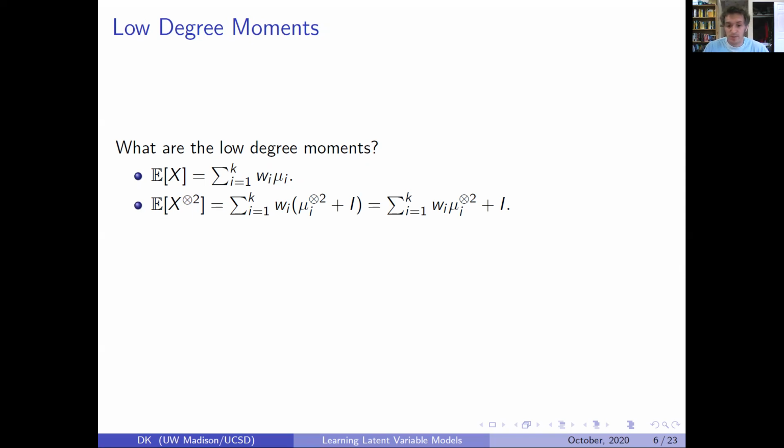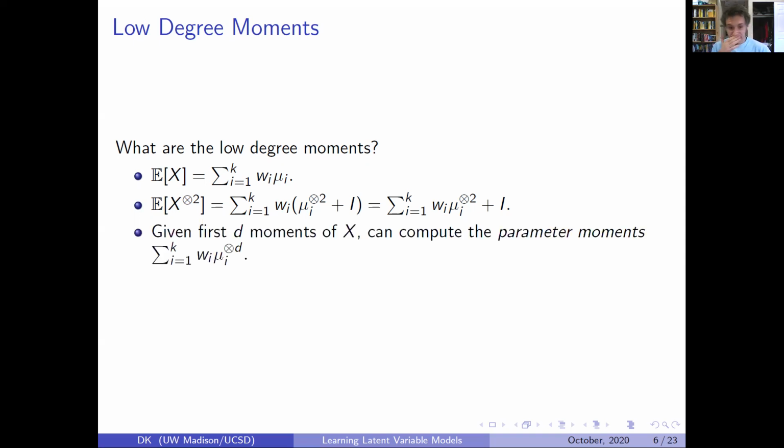That you can compute to be mu_i tensor 2 plus the identity. And you note that all of those identity terms factor out. So this expectation is just the sum of w_i mu_i tensor 2 plus the identity. And this identity term can be canceled out, and you'll have a relatively nice expression in terms of the actual parameters.